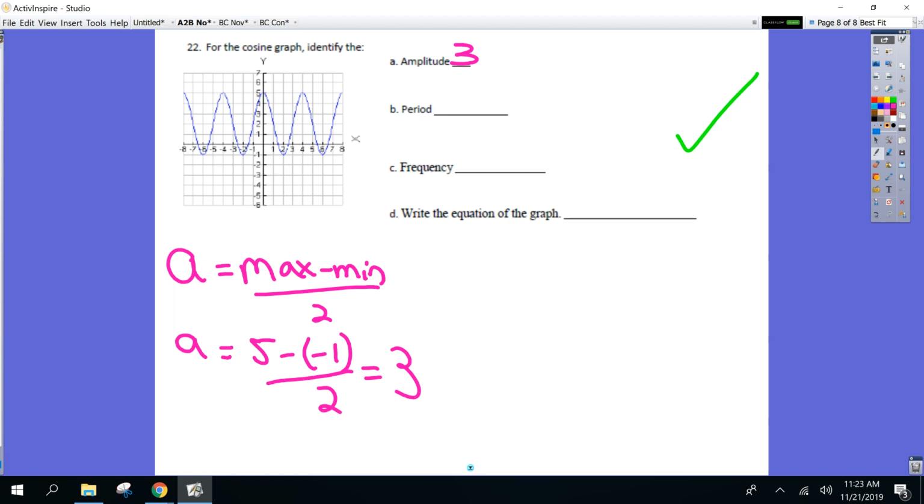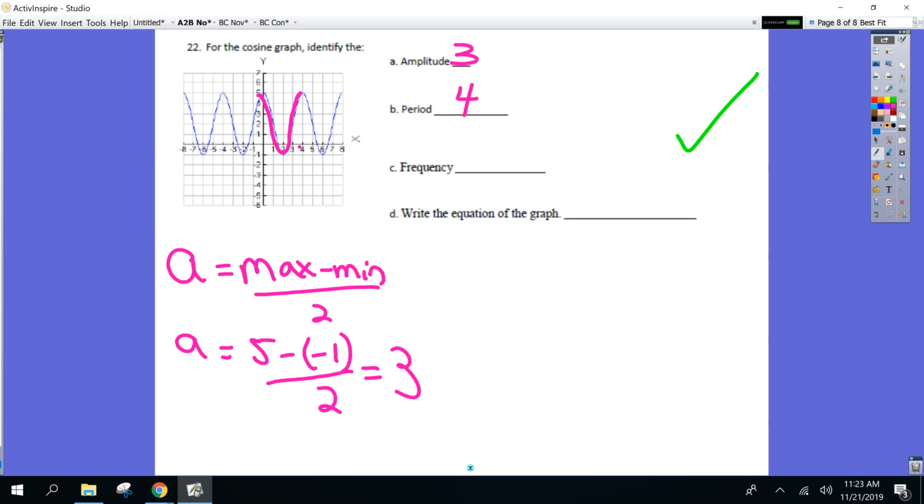Looks like from 0 to 4. Does everyone see what I mean? Once you hit 4, it just starts repeating again. So the period would be 4. We okay there? Because that will get you to frequency next.